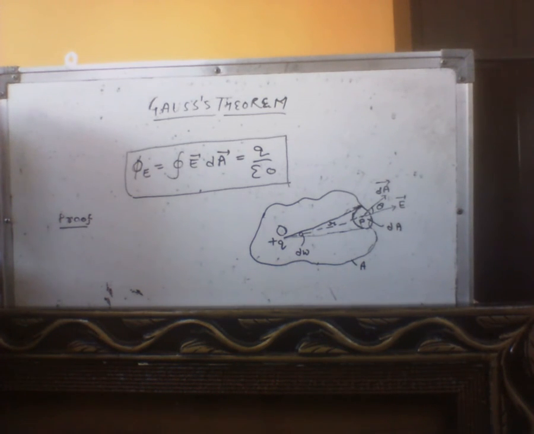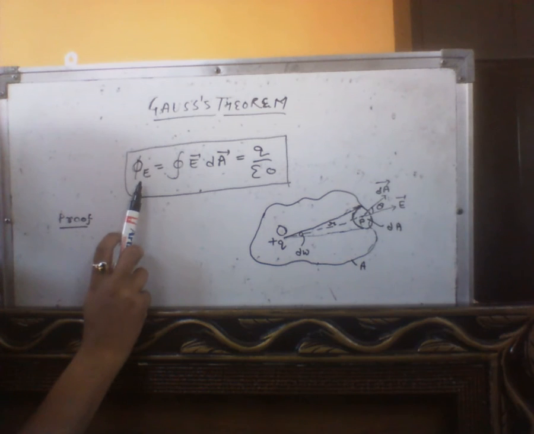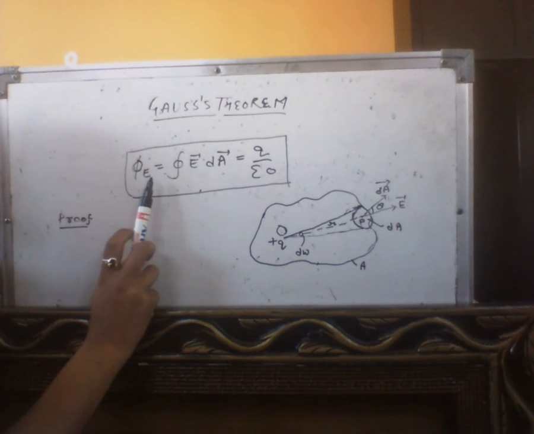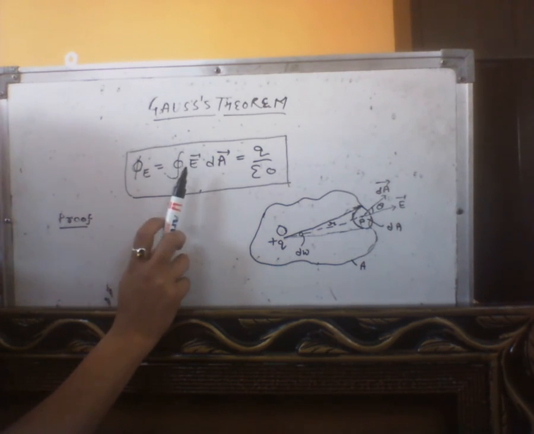It states that the electric flux passing through any closed surface is equal to 1 upon epsilon naught times the charge q enclosed by that surface. Mathematically it can be written as, if phi is the total flux, then phi is equal to integration E dot dA, which we have studied earlier.